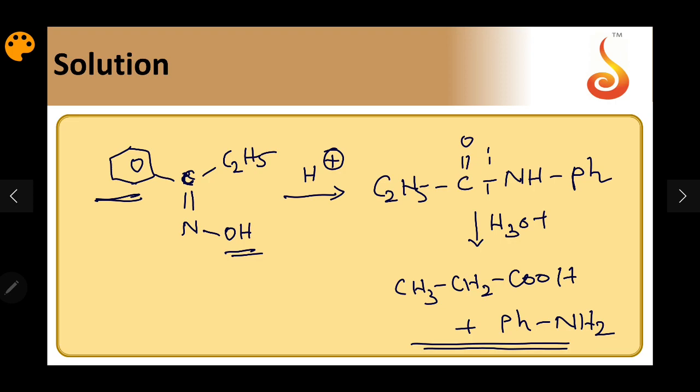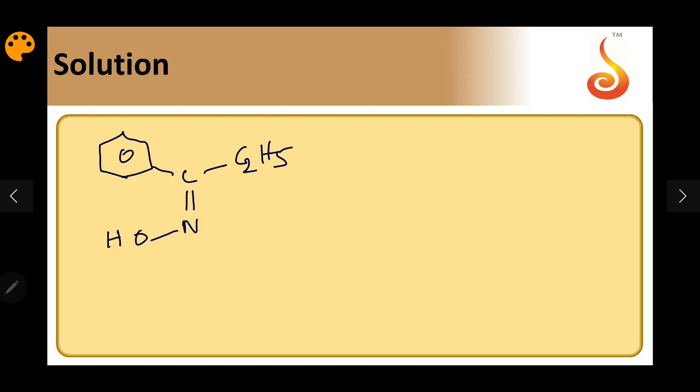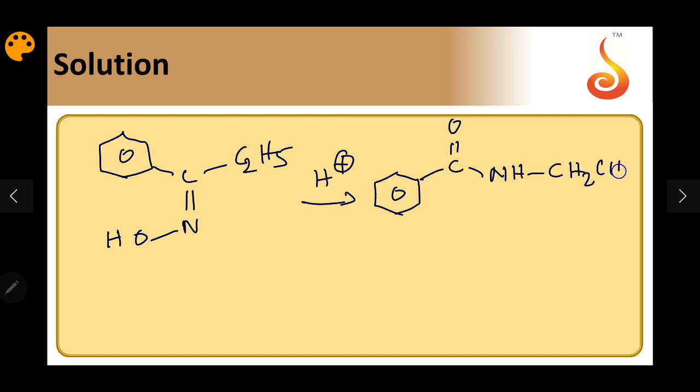If I take the other isomer, what will happen? So same benzene ring I am taking, carbon, C2H5, double bond N, now OH is on this side. Now the ethyl group migrates. So ethyl group migrates means the benzene ring will be with the carbonyl group, NH, CH2, CH3.